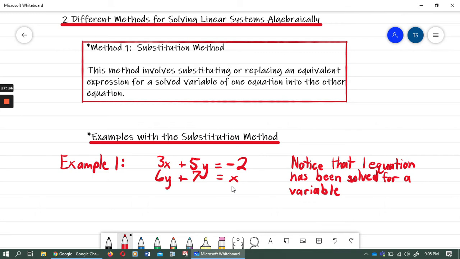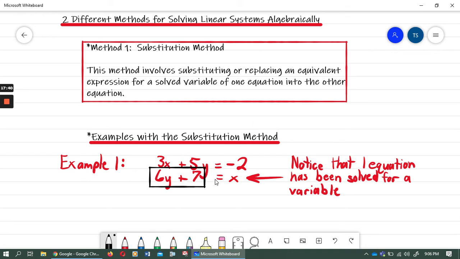And so, since that is the case, and we've got an equation that has already been solved for a variable, we need to, okay, let's try that again. Ugly arrows, there we go. That's a good looking arrow. All right, what we need to do is we need to substitute the equivalent expression.